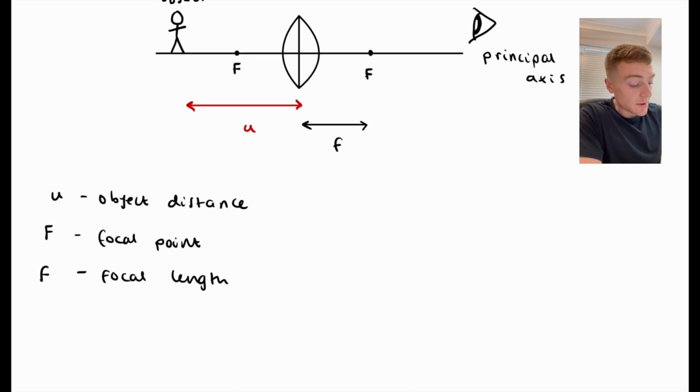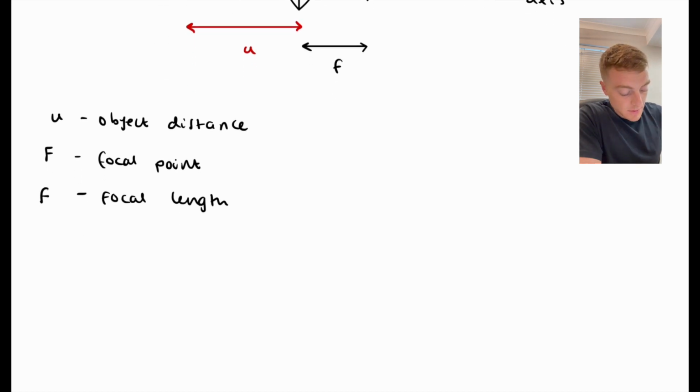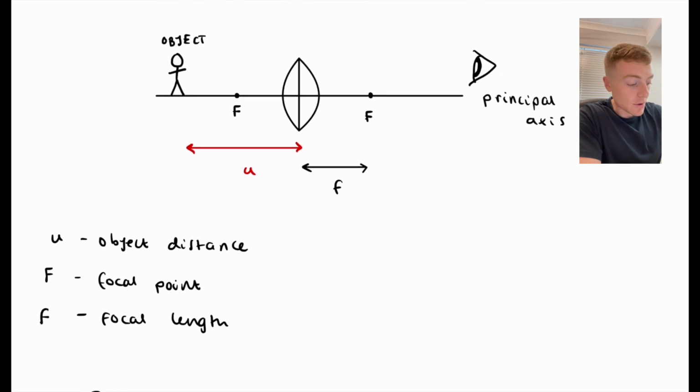Okay, so in order to sketch a ray diagram, we need two rays. So the first ray that we need is a parallel ray. Now that parallel ray goes from the object. So let's say it's from the person's head. So it reaches the lens.